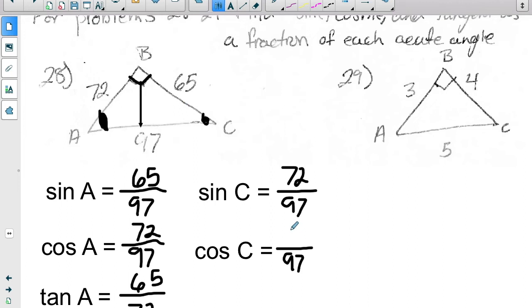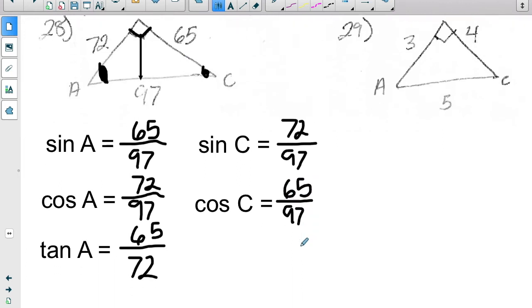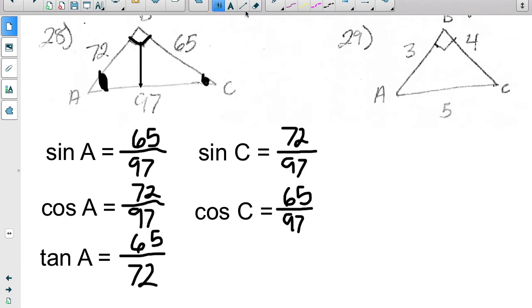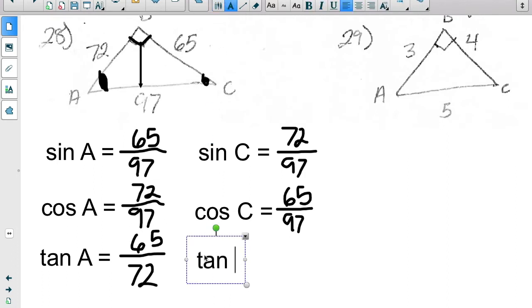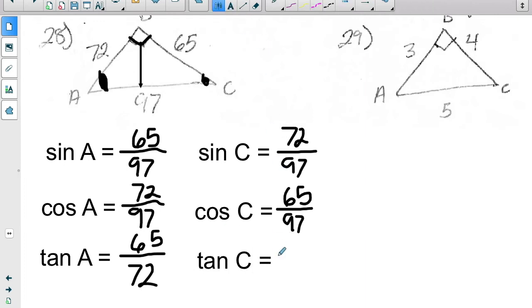It would be 65. And last but not least, we have tangent. Tangent of C is equal to opposite over adjacent. This time the opposite side was 72, and the adjacent side is 65.